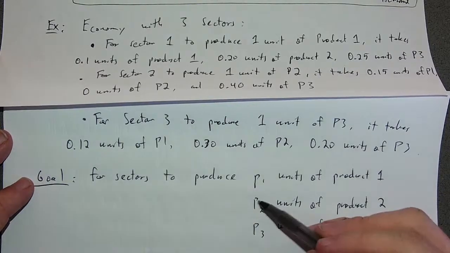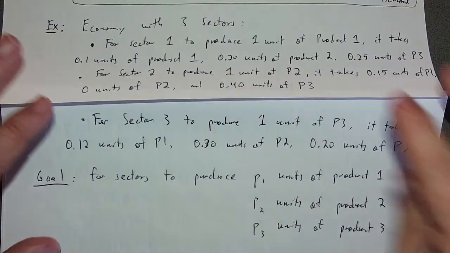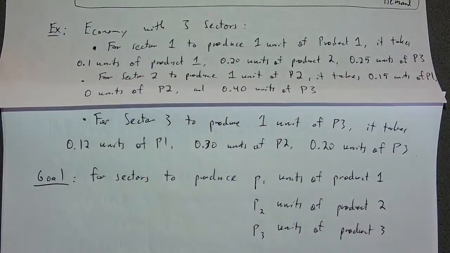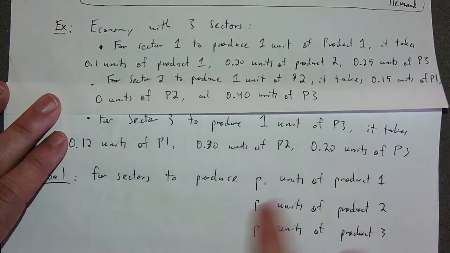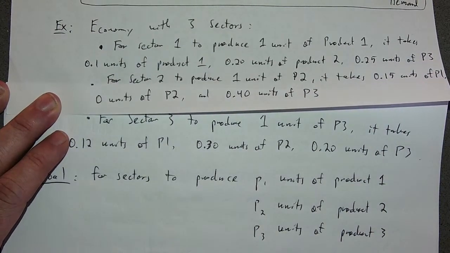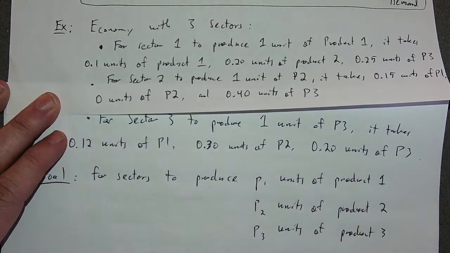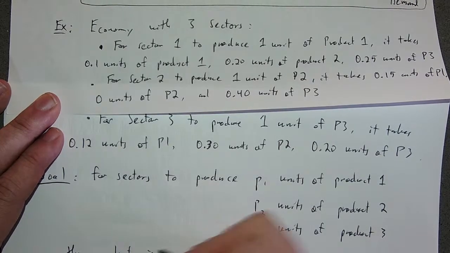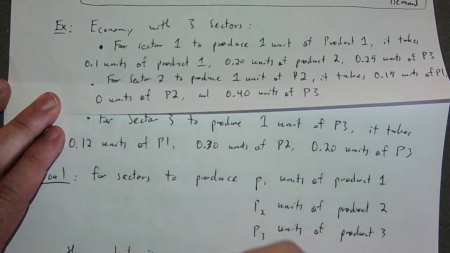Don't confuse these P1, P2, and P3 with the P1, P2, and P3 that I did here to abbreviate product 1, 2, and 3. Okay, so these are unknown P's. Then the question, so if the goal is for sectors to produce this, what is the total internal requirement?